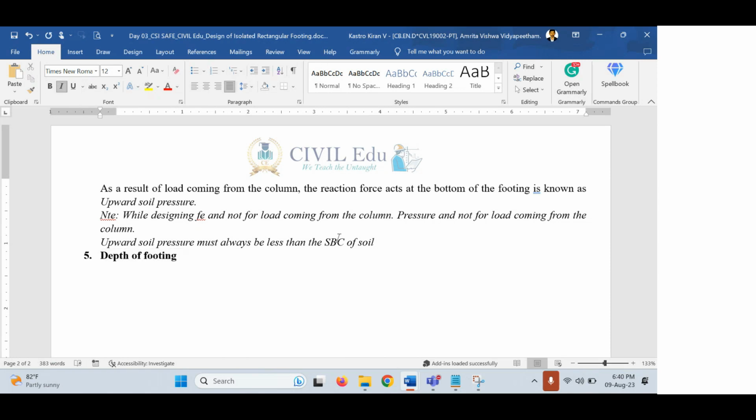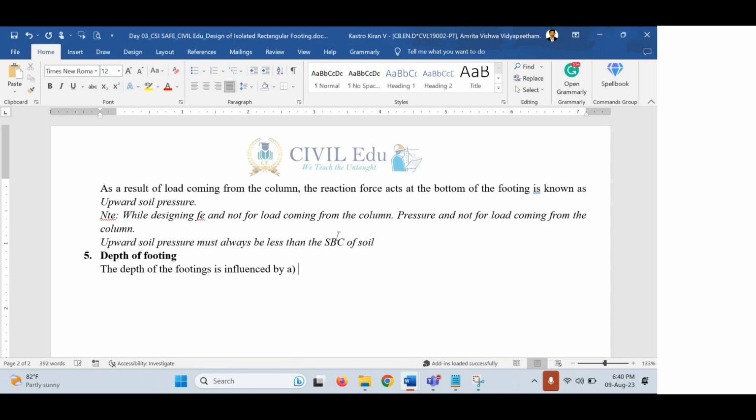Usually the depth of the footing depends on the moment of the footing, that is, the moment along the length direction and the moment along the width direction. Apart from the moment, we have two more conditions. The depth of the footing is influenced by two conditions.